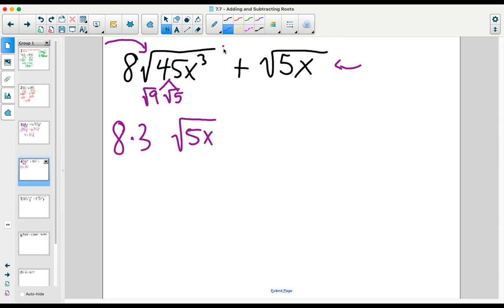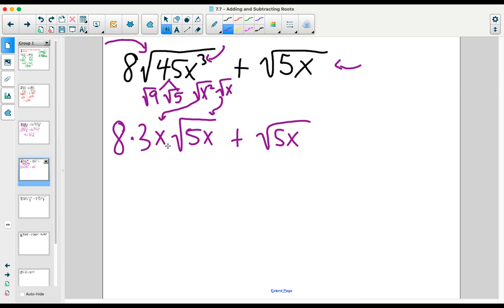And that's where this x cubed comes into play. Because if I take this x cubed, and I imagine splitting it as x squared and root x, there's the root x that's going to stay in there, and then the square root of x squared is just x. So I simplified what I could on the inside to make the radicand match the radicand in the back half of the problem.